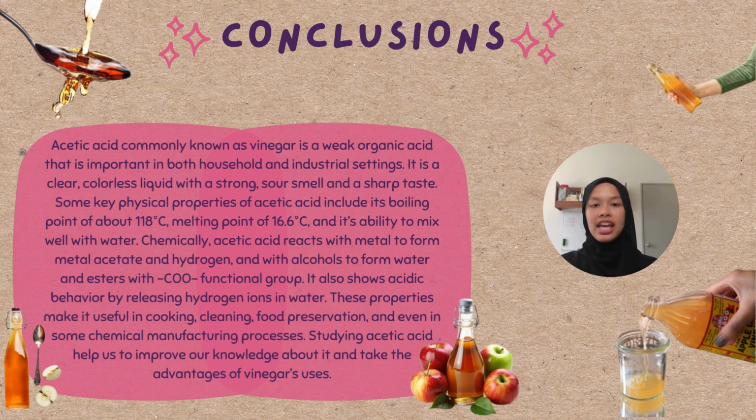Chemically, acetic acid reacts with metal to form metal acetate and hydrogen, and with alcohols to form water and esters with the COO functional group. It also shows acidic behavior by releasing hydrogen ions in water. These properties make it useful in cooking, cleaning, food preservation, and even in some chemical manufacturing processes. Studying acetic acid helps us to improve our knowledge about it and take advantage of vinegar uses.